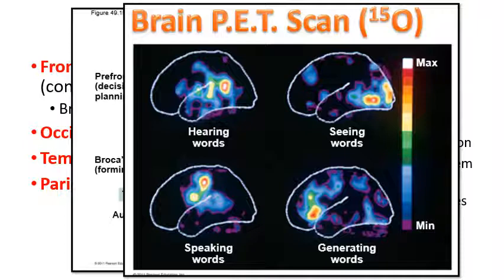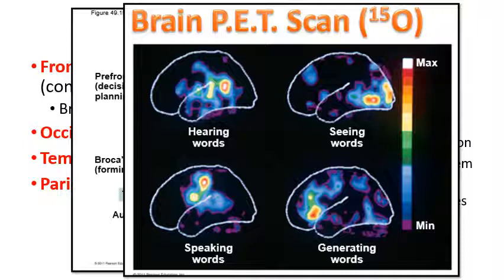It's a computerized picture where you put somebody into a tube, and you measure how much glucose and how much oxygen is being used by the different parts of the brain. The darker colors mean that part of the brain is not being used very much. The brighter colors mean that part of the brain is being used a lot.